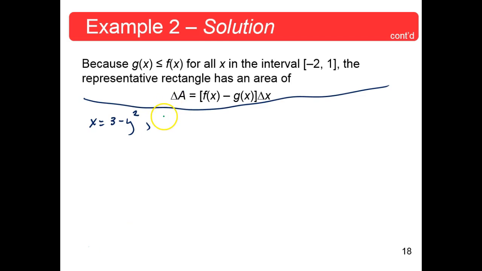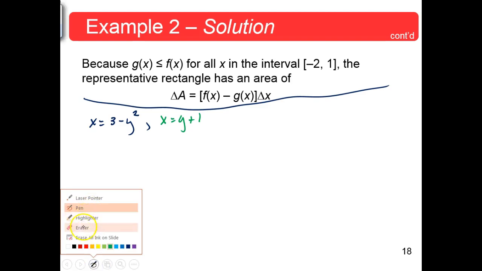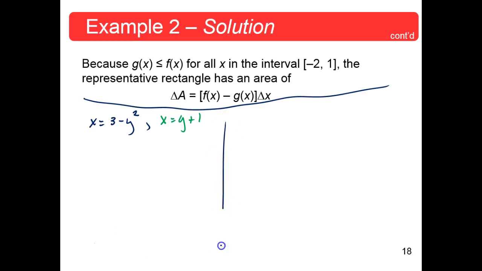And this will be x equals y plus 1. So here are 2 graphs. Here are 2 curves. One's a line. But what is different about this is that x is a function of y, not y is a function of x. Okay?